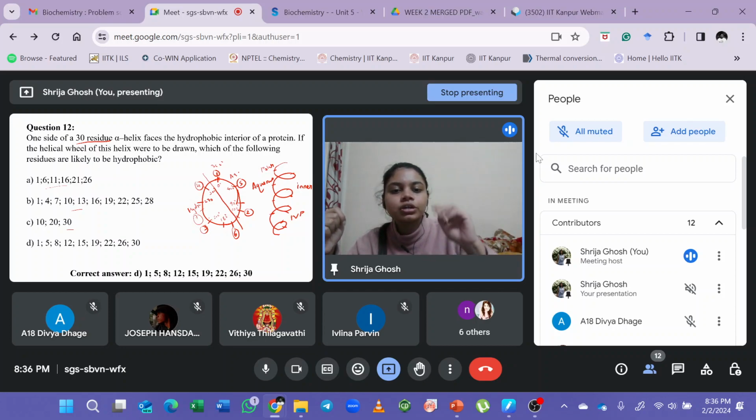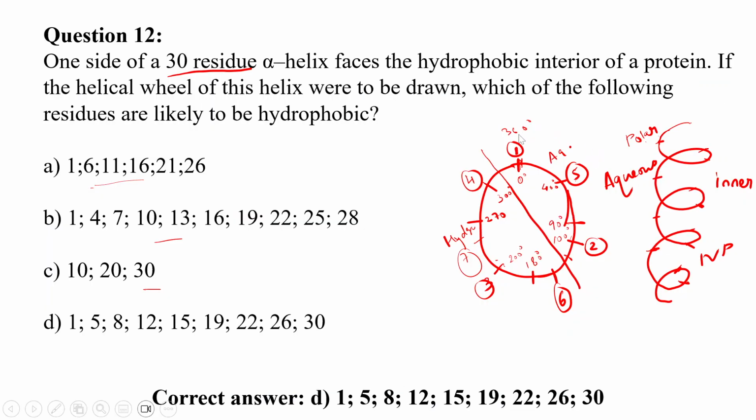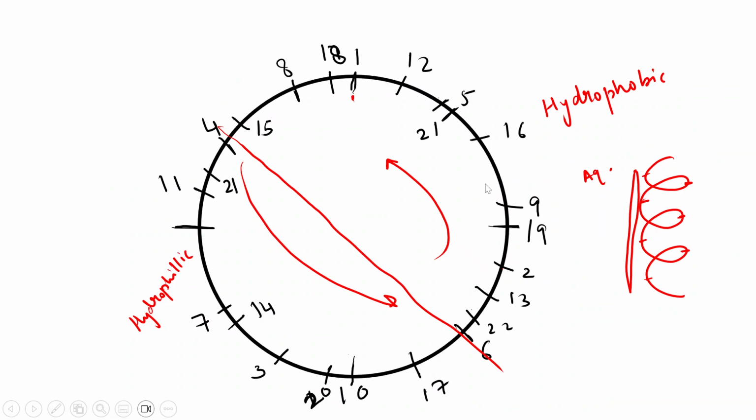If the numbering is not given, if instead of writing 1 2 3 4 5, I had written, let's say, serine, then tryptophan, tyrosine, like that, and I asked you to give me the sequence of the peptide, you would start with the first amino acid and then go in the order of 100 degrees. After one, this will be the second, then this will be the third, then this will be the fourth, and like that you have to see.